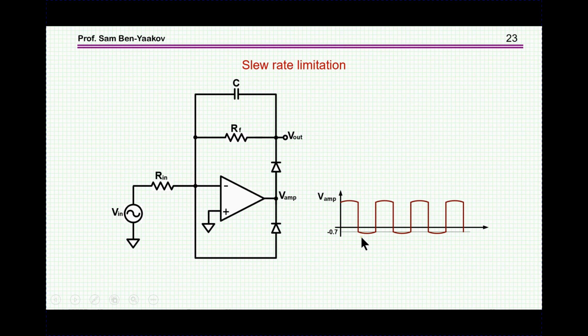Now, obviously, every amplifier has a slew rate, and this will be a limitation, and consequently, we are going to have distortion and error at the output. So the limitation is primarily slew rate, and for good response, you'd like to have an amplifier with a very fast slew rate if you'd like to rectify high frequency signals.